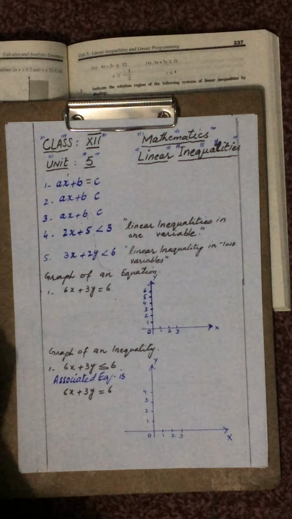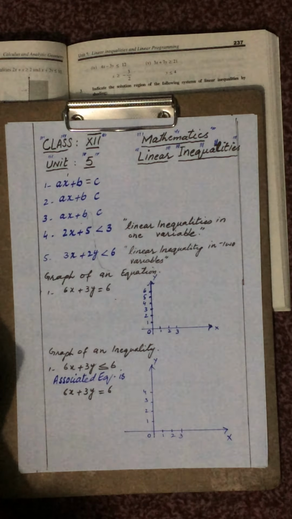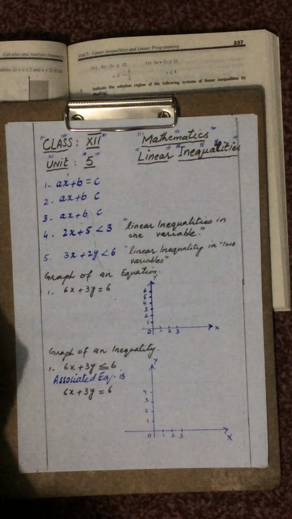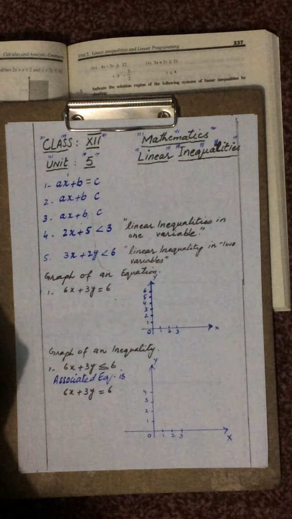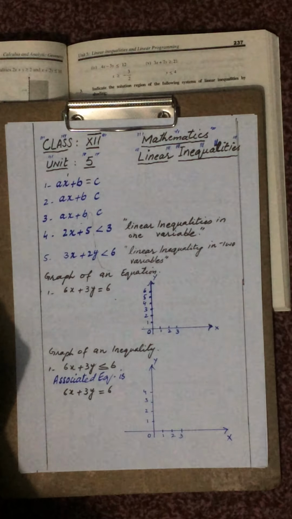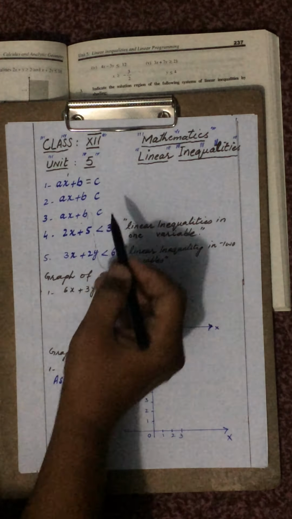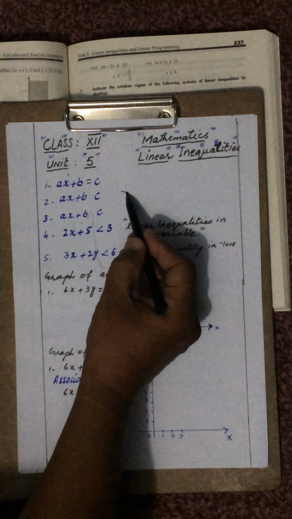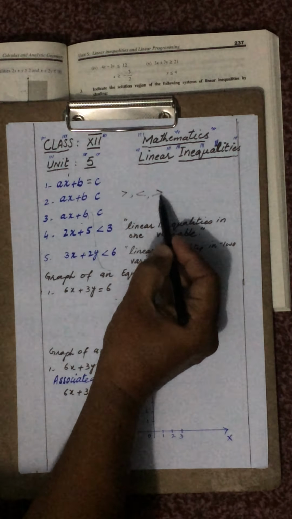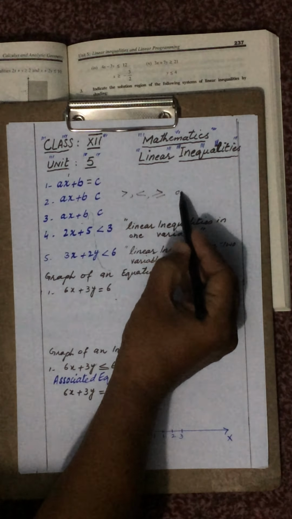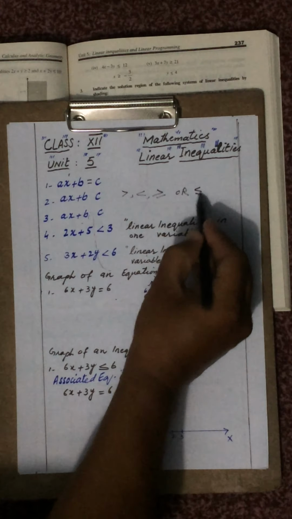And what is a linear inequality? A linear inequality is an expression in which two algebraic expressions are linked together with this sign, this one, or this one.